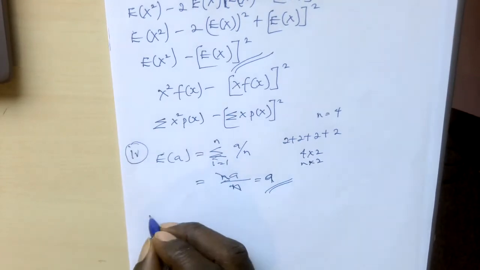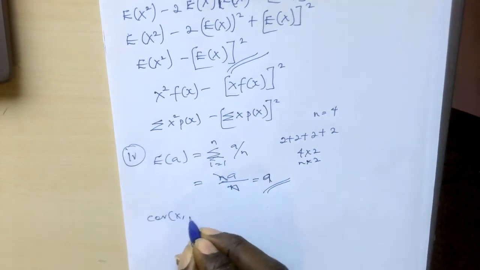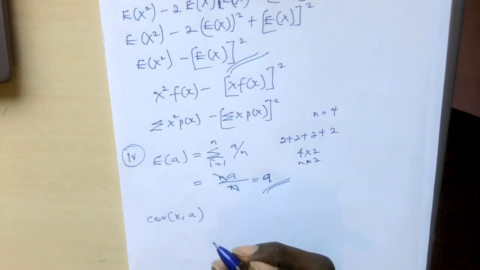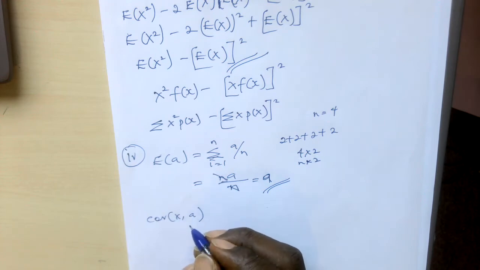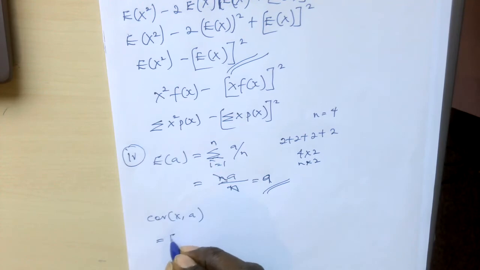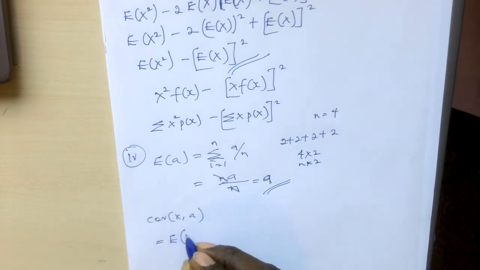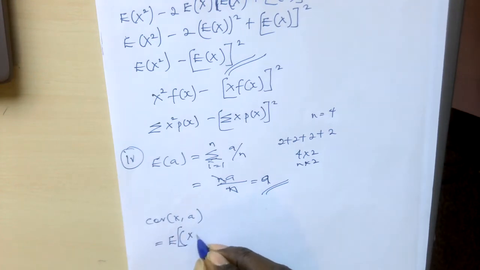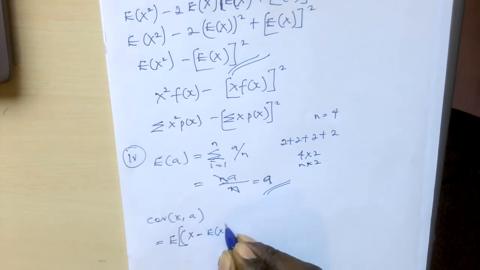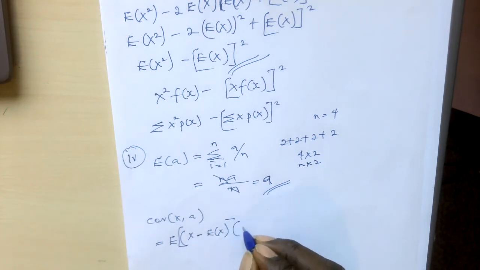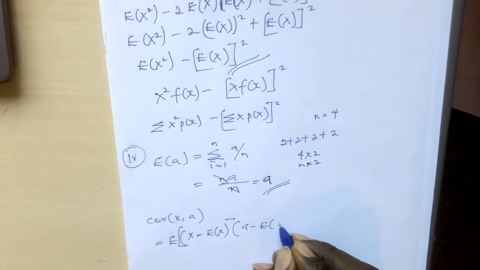The next one is that the covariance of xi and a, we are asked to prove that this is equal to 0. What's the meaning of this? We express it as x minus the expected value of x, and a minus the expected value of a.